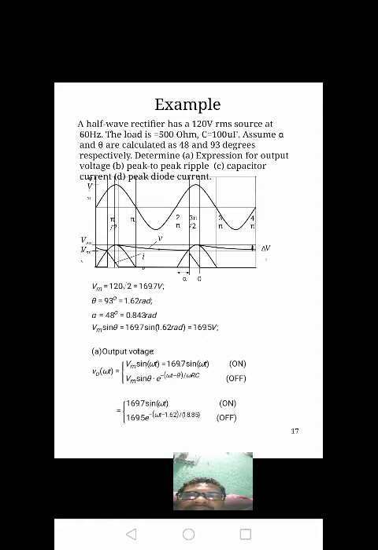Vm sin theta can be written from the above values as 169.7 into sine of 1.62 radians, which is equal to 169.5 volts.